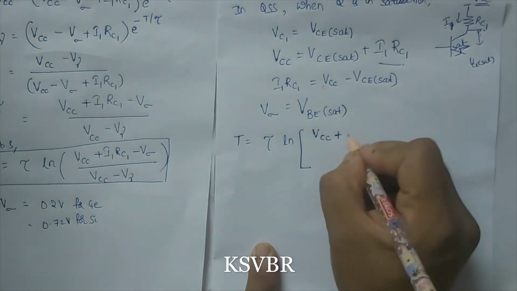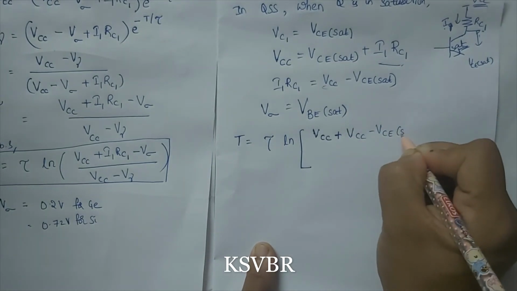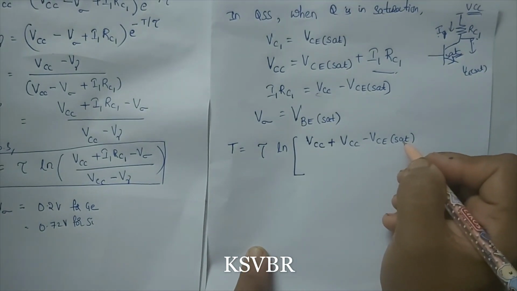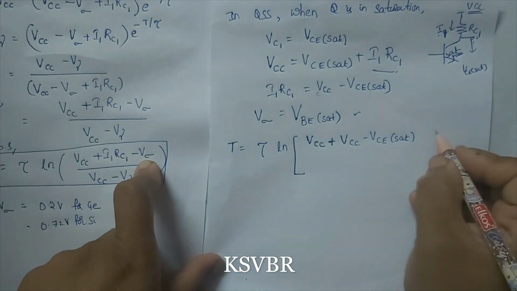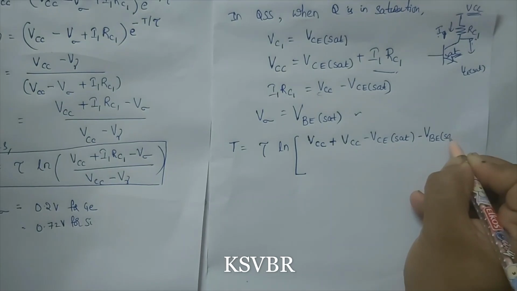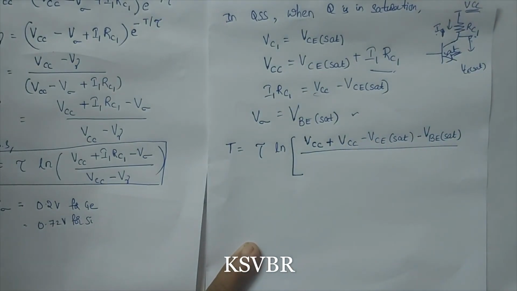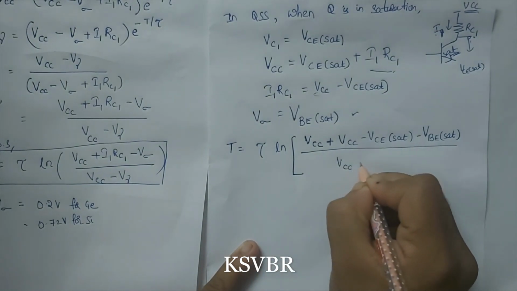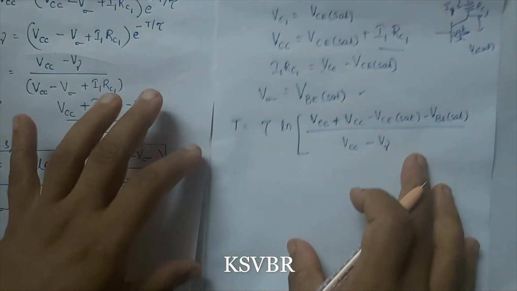I1 RC1 means VCC minus VCE saturation, minus V sigma. What is V sigma? V sigma is VBE saturation, divided by VCC minus V gamma.